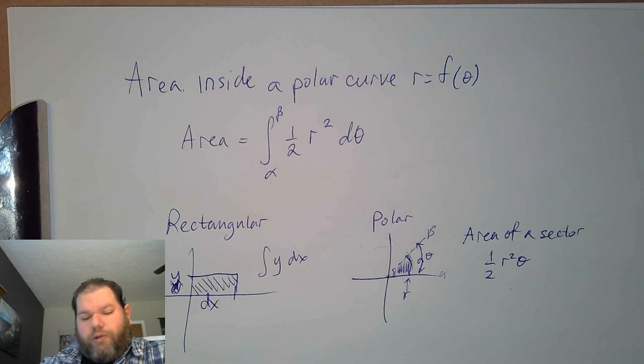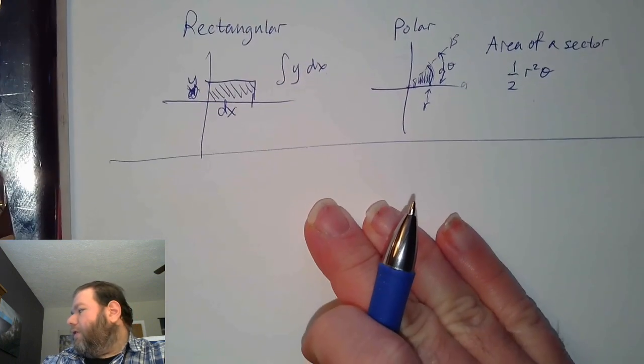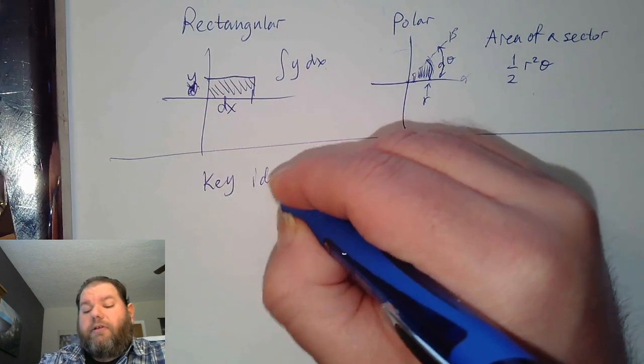We'll look at this from a slightly different way in Calculus 3, but that's our formula for the area. All right, key identities that we'll need to use.